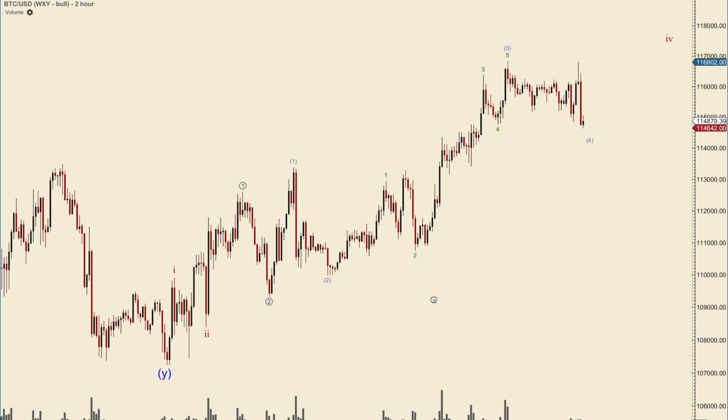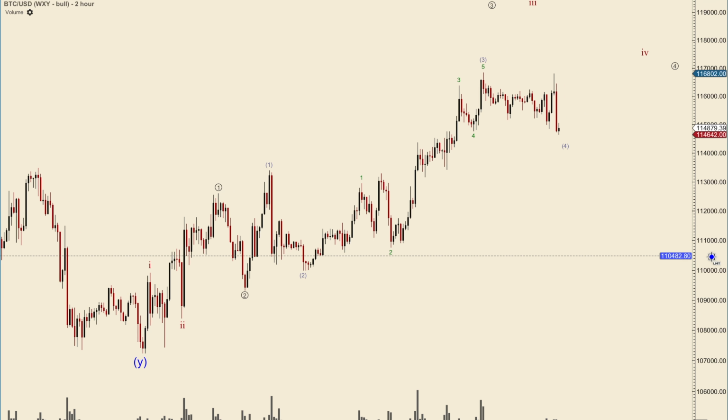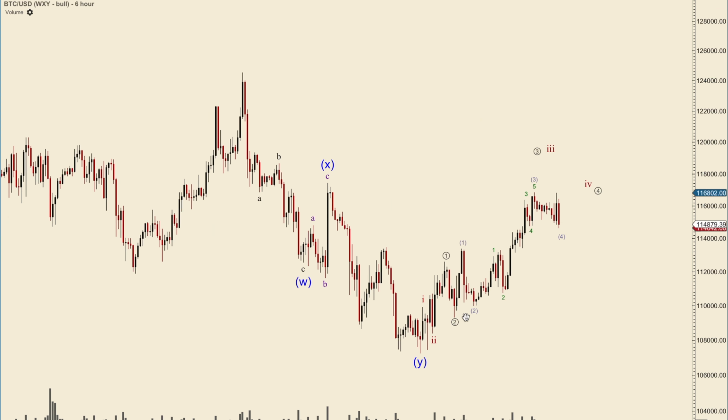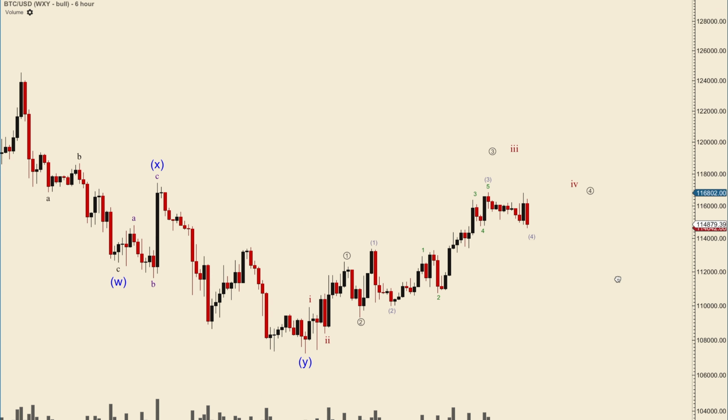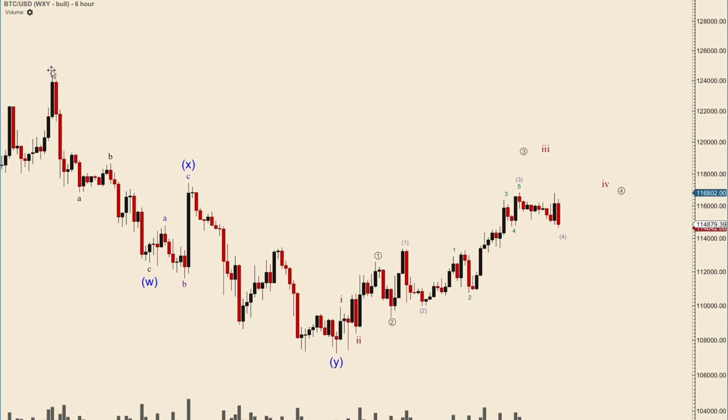So this is an option still, until we basically take out some of these 1, 2s to lower the probability. So this count is looking for way higher prices, that we are basically done here in this correction, and looking for this correction top to be taken out.